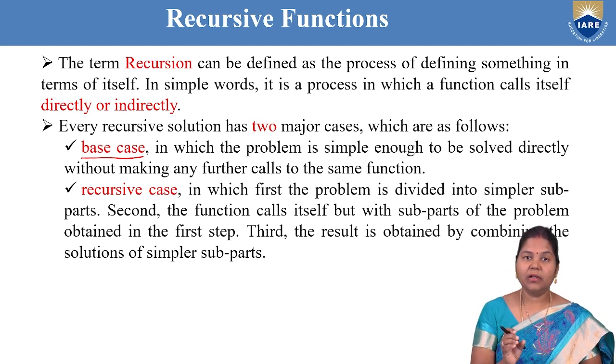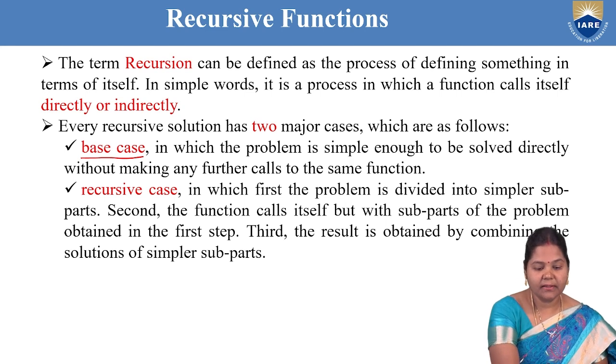That is the smallest part which can be solved independently of a complex problem. Until that time you have to call the function repeatedly until you reach the base case. So the base case is also known as the terminating case. Once the base case is solved, you have to write down the terminating case for that.